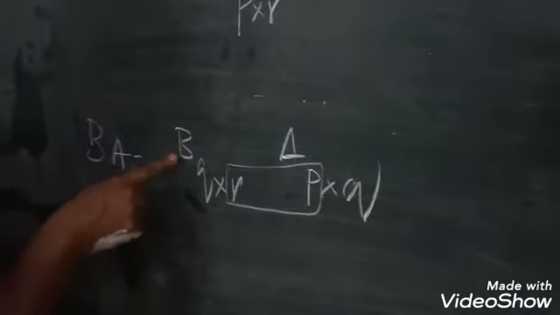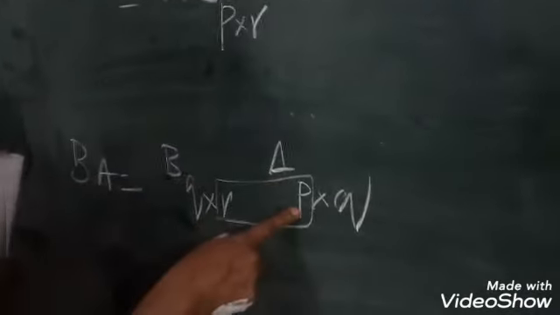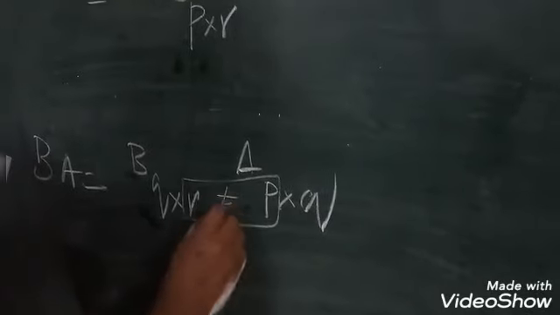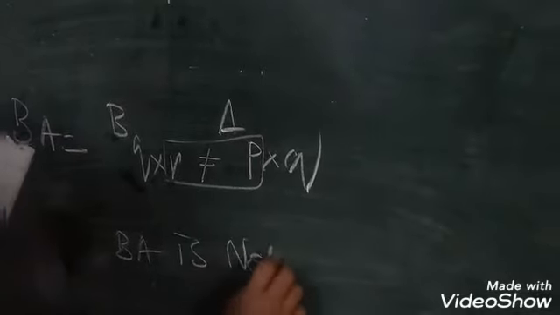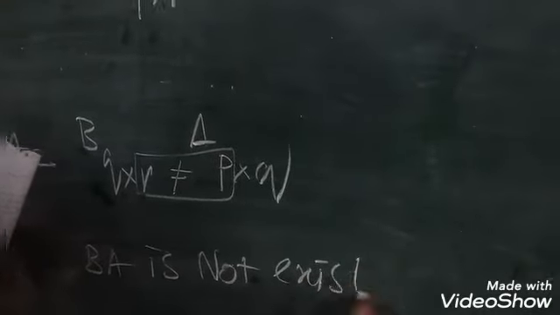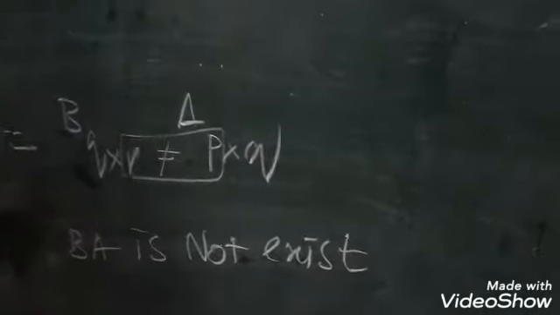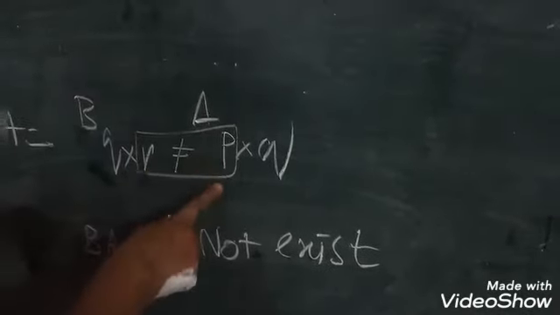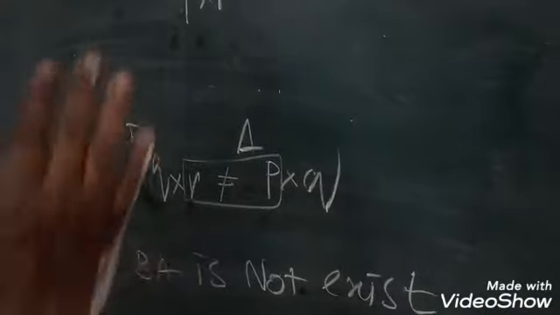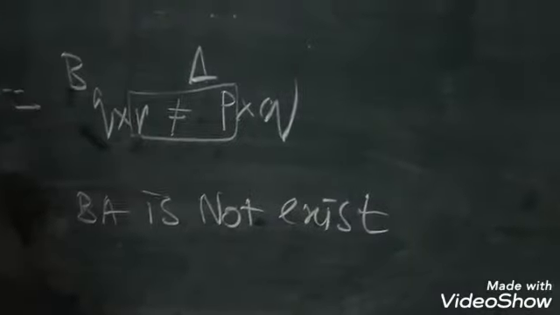The B matrix column is R, and here the A matrix row is P. So both are not equal. So BA does not exist, it cannot be multiplied, because I said the rule: the first matrix's column and the second matrix's row should be equal, meaning it can be multiplied, otherwise it cannot be multiplied. It is the rule of matrix multiplication.